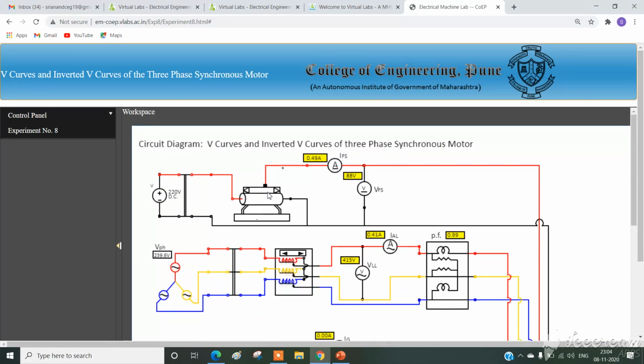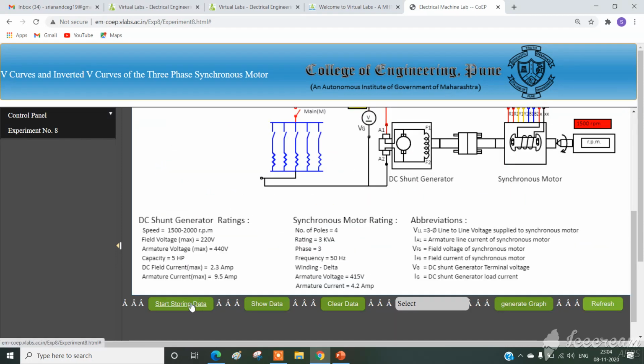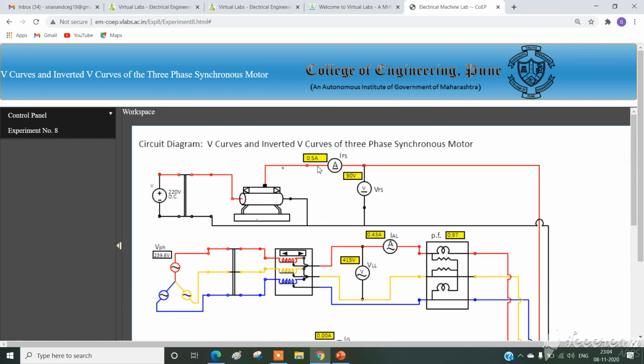So at one point we reach the maximum power factor of 1, and then while increasing the field current, the power factor is further reduced. So corresponding to regular intervals of current, we need to record all these values.